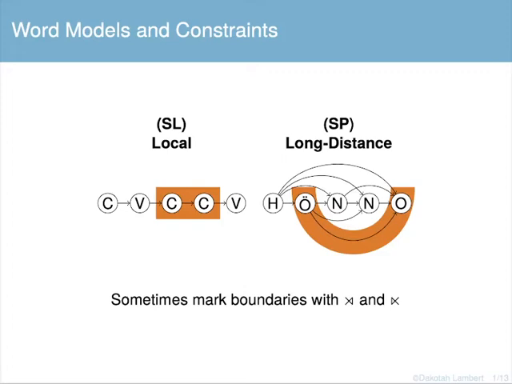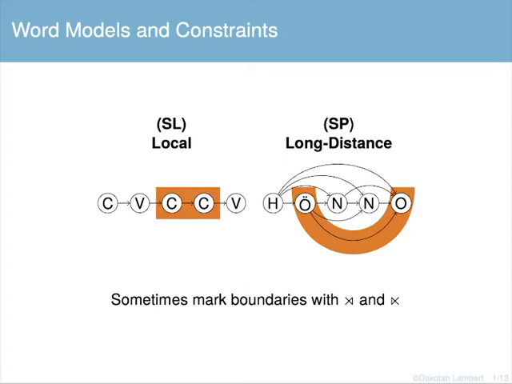So this herno word is not a valid Finnish word. The back round vowel at the end is forbidden by the front round vowel near the beginning. This connection between them represents the violation of that constraint.